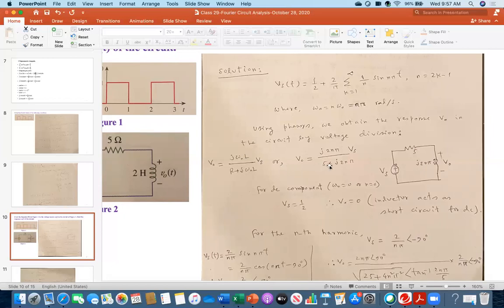Here I am writing specifically that omega n value is 2n pi, and then this Vs. Everybody, could you follow me, what I am saying?